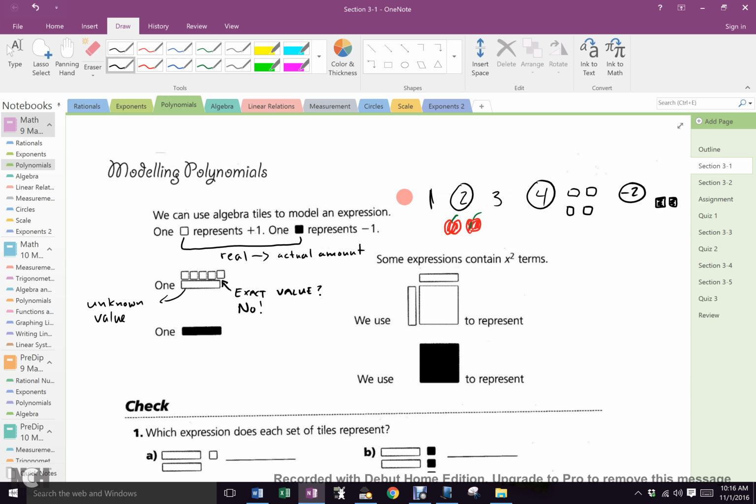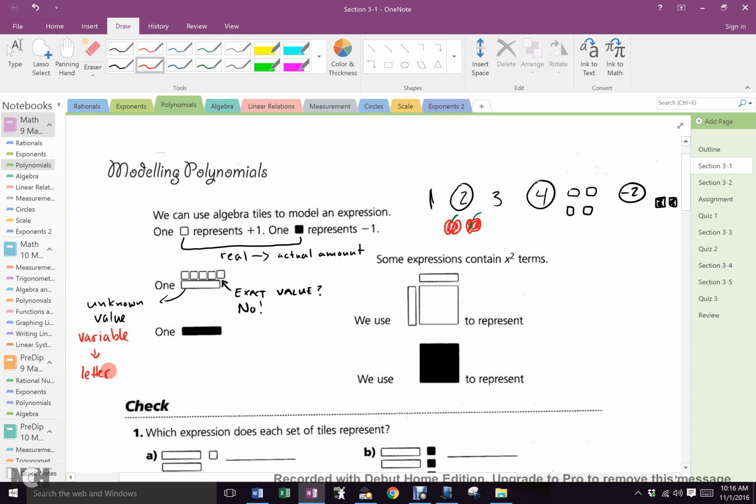So is there a symbol in math to show that? What is it? We use letters, don't we? Okay. Does it have to be X? No, but we always choose X, don't we? So since this is an unknown value, it is what we call a variable. And instead of using a number, we choose to use a letter.